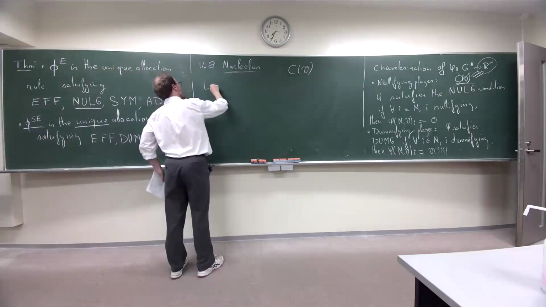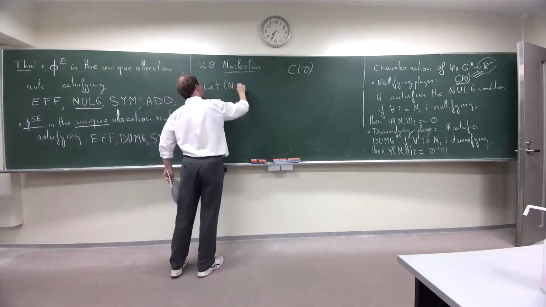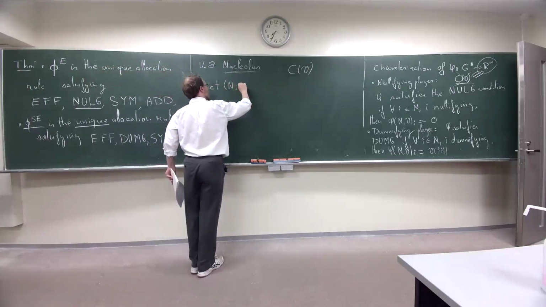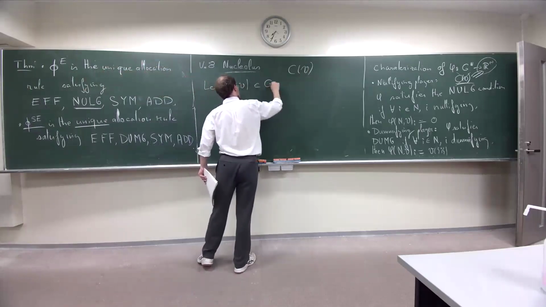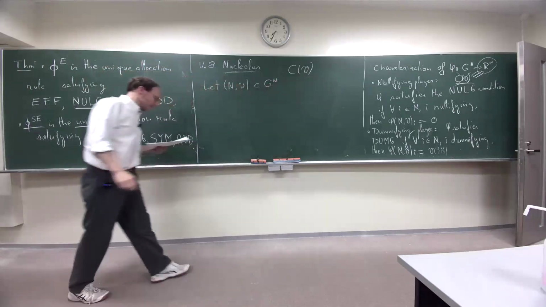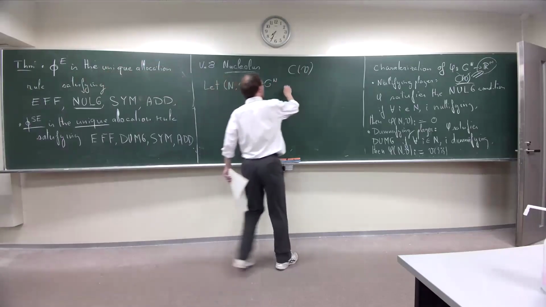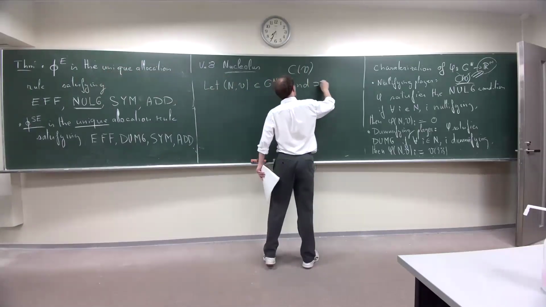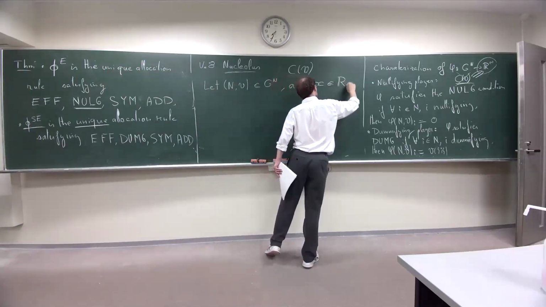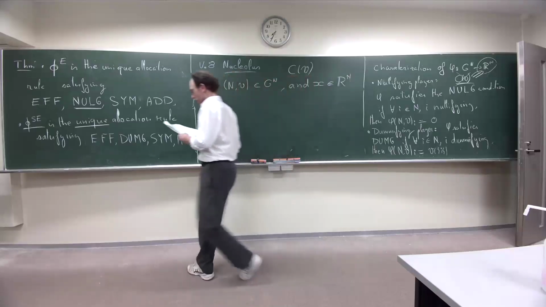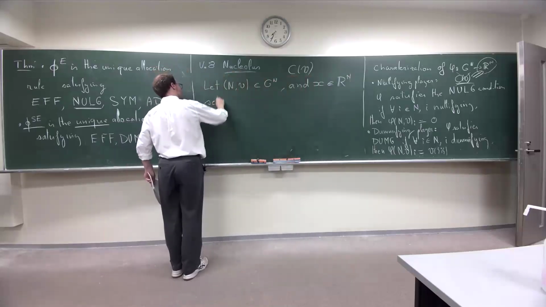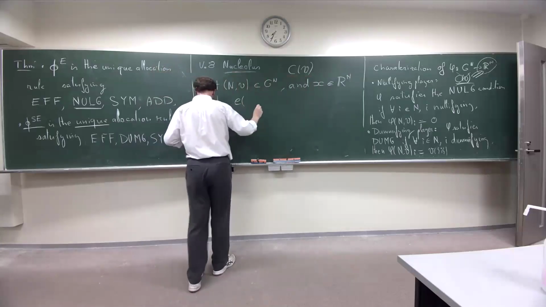So we consider one game, a TU game. And I fix any point in Rn, any allocation.